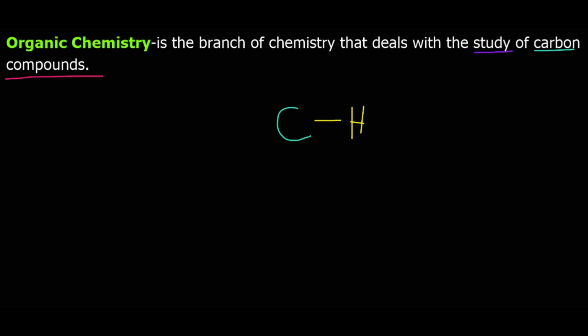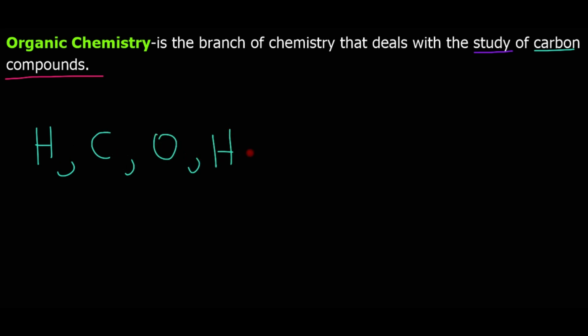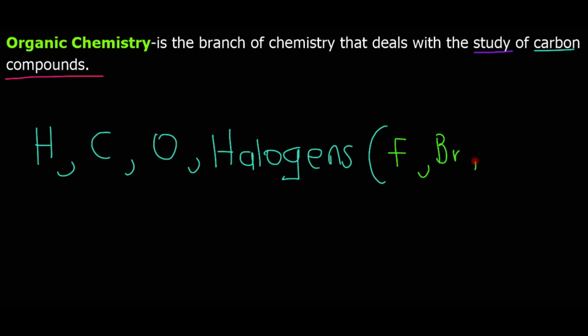But it's important to know in your syllabus, the organic compounds that we study consist of hydrogen, carbon, oxygen, and halogens. And then these halogens, we are going to focus on fluorine, bromine, chlorine, and iodine. You are going to see a carbon being bonded to either hydrogen, oxygen, or these halogens.